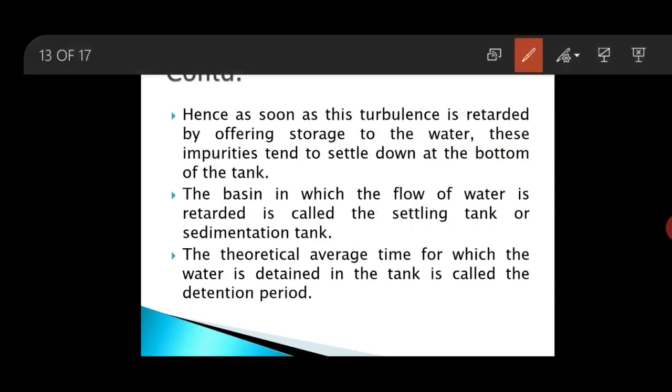The basin or tank in which the flow of water is reduced is called a settling tank, sedimentation tank or sedimentation basin. And the theoretical average time for which the water is detained in the tank is called the detention period.